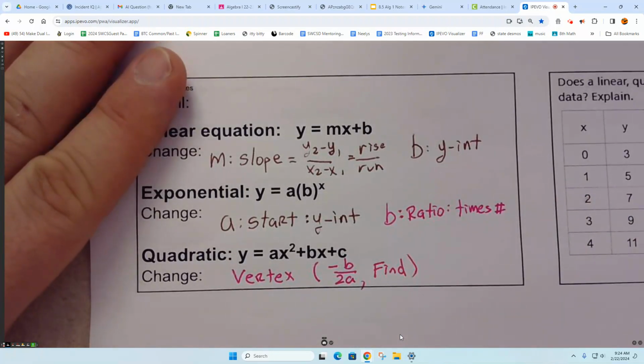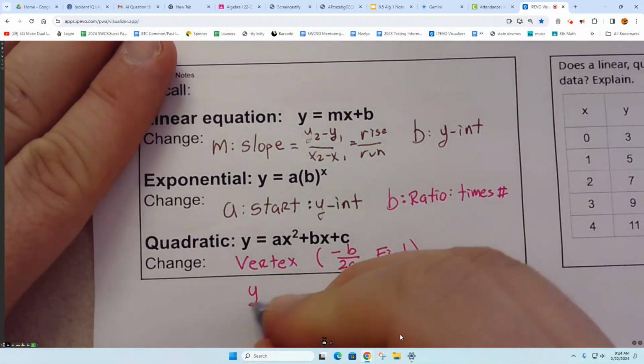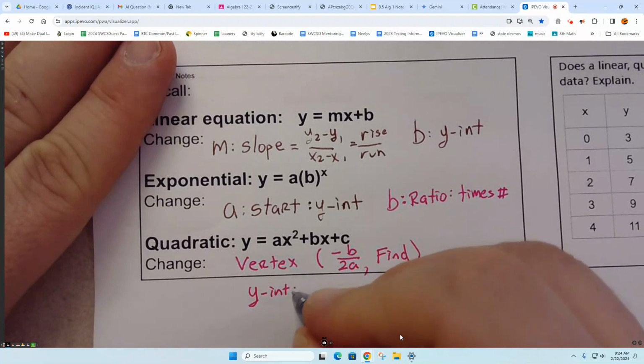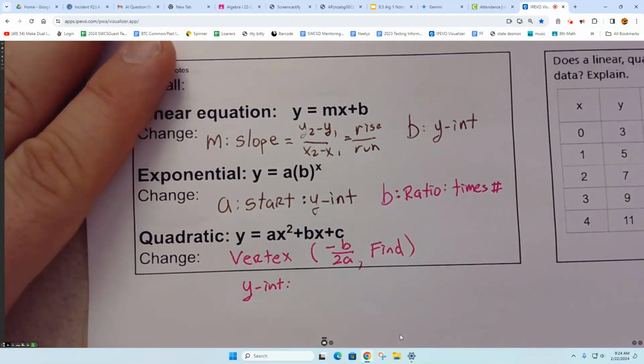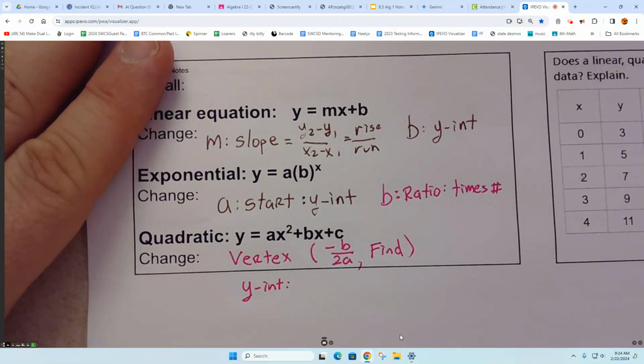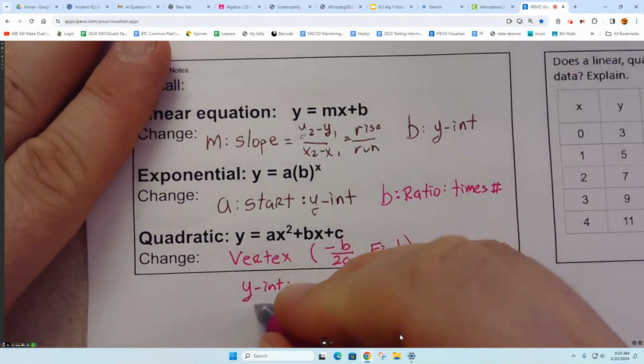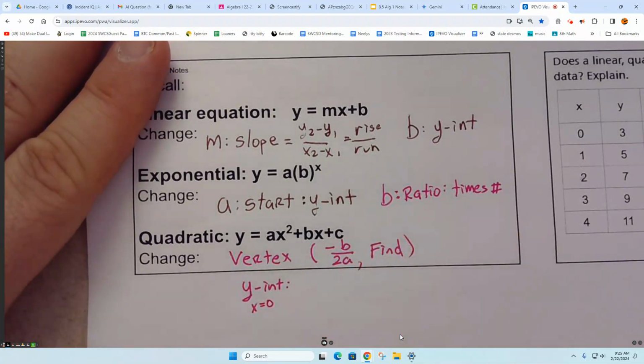Okay. Also important from this was the y-intercept. To find the y-intercept, that just means the C. In this one it is a C. Good. If it's mixed up or done in a different way, we just said plug in 0 for x. I almost prefer you just think y-intercept means x equals 0.